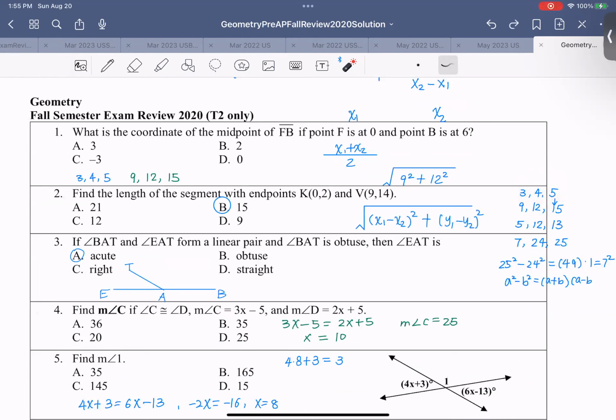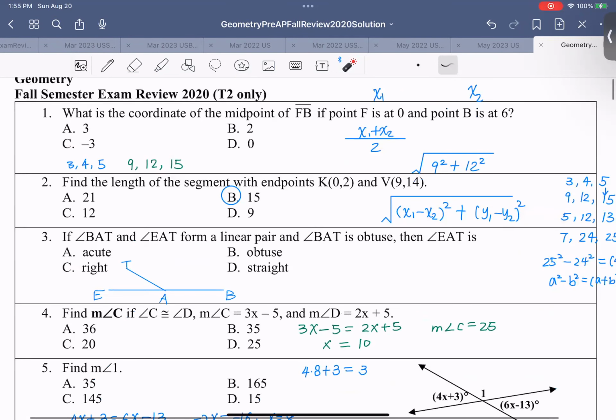Okay? Next one, let's see number 3. Let me call Jeffrey. Most students like multiple choice, because with multiple choice, you don't need to show your work. But we still want to do the beginning.